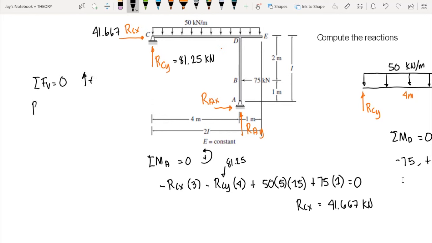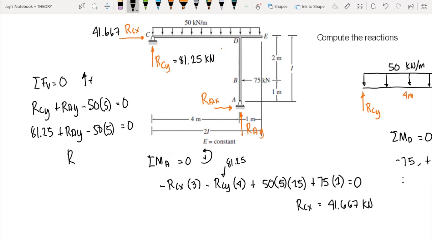So we have RCY plus RAY minus 50 times 5, and this equals 0. RCY here is 81.25 plus RAY minus 50 times 5, and this equals 0. So RAY is equal to 168.75 kilonewton.